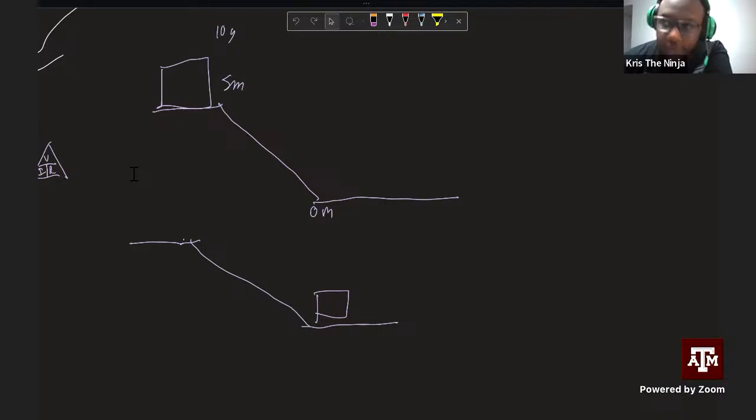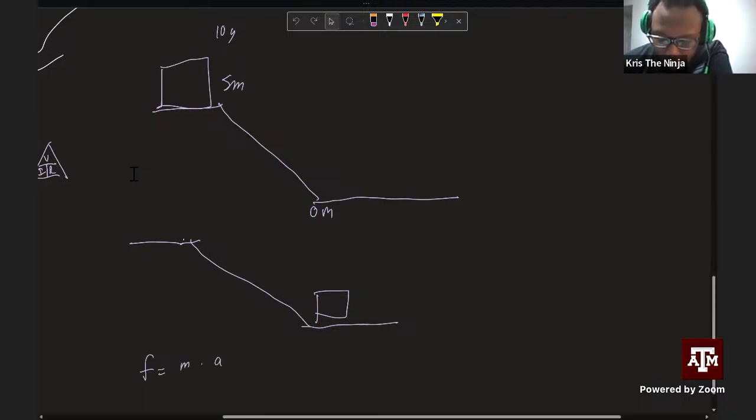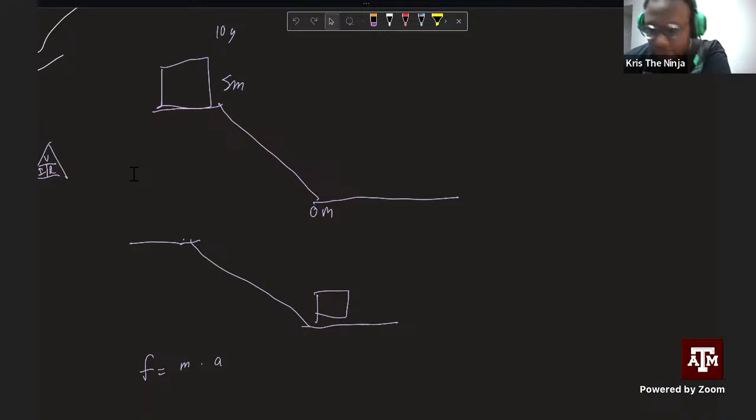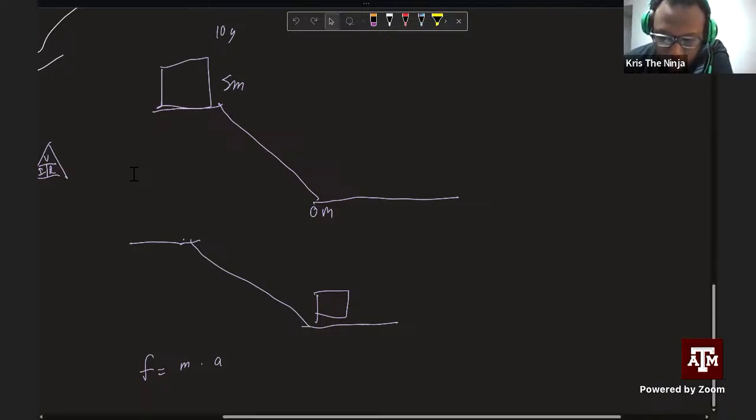So we know from physics that force equals mass times acceleration. Acceleration is the derivative of velocity, so dv dt. I forgot what velocity equals. Well, actually, no, we don't even need to find acceleration. Assume Earth's gravity.